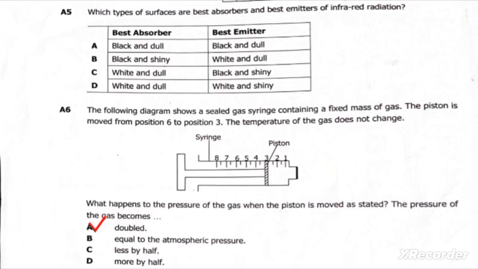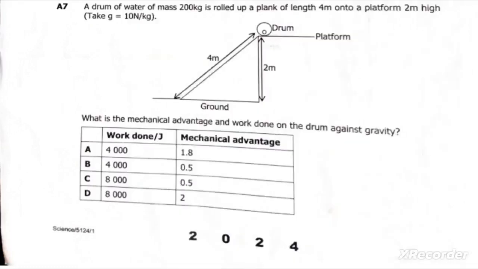We shift to the next question, which is question A7. Question A7 reads: a drum of water of mass 200 kg is rolled up a plank of length 4 meters onto a platform 2 meters high.